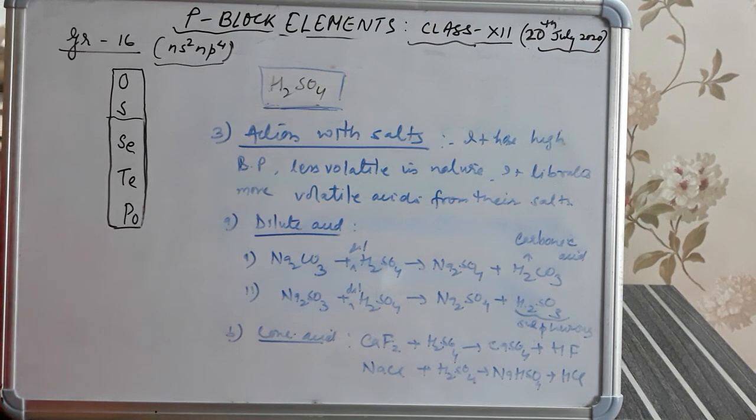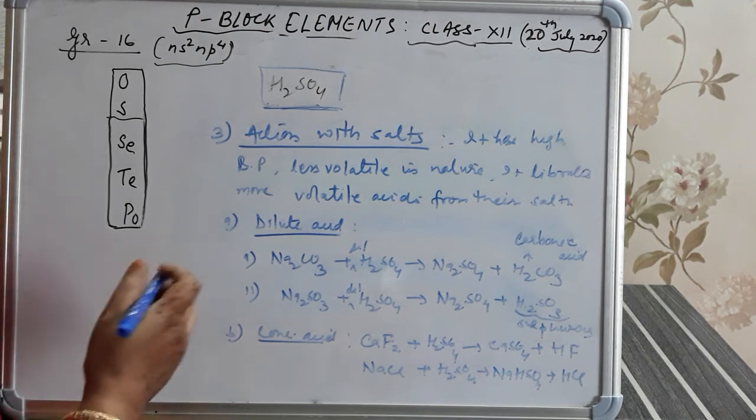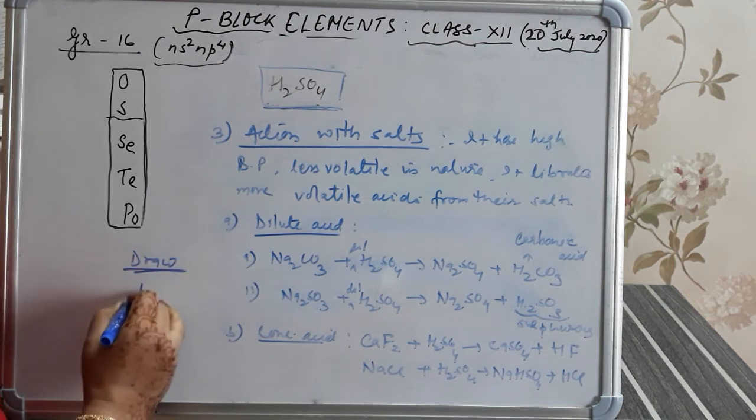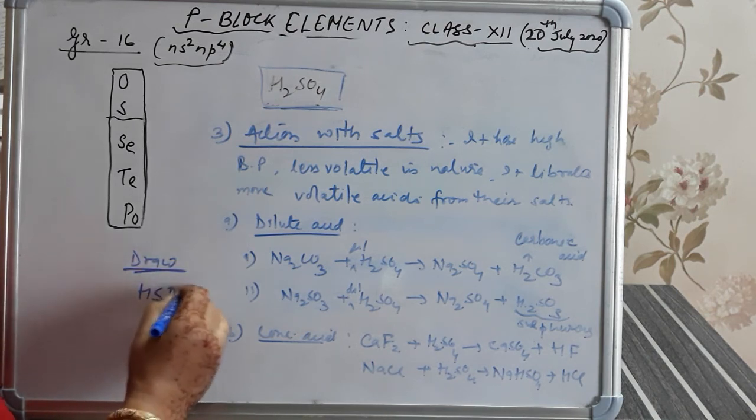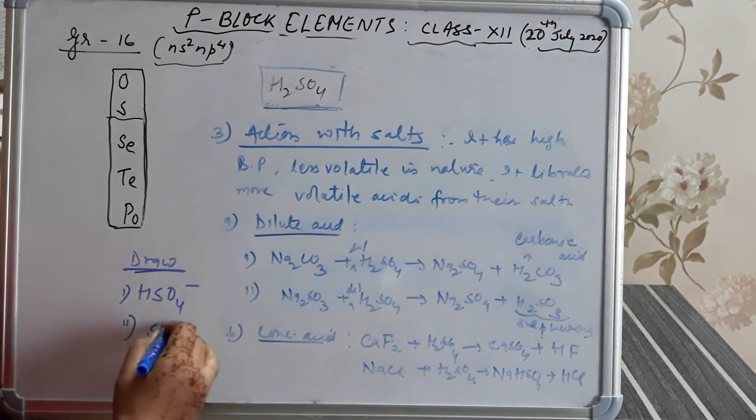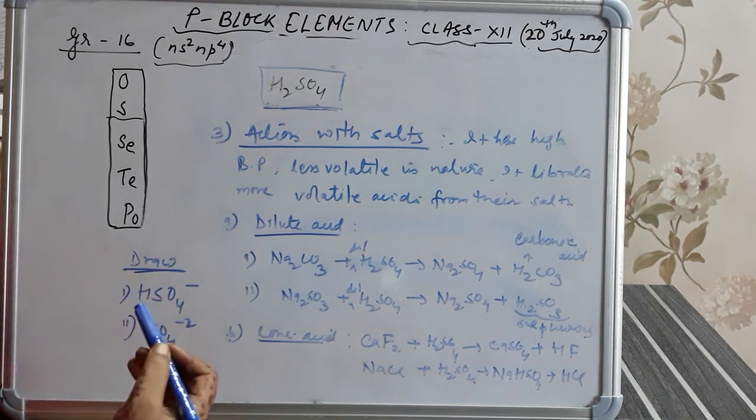Also the uses of sulfuric acid and the structure of sulfuric acid and sulfate ion. Draw the structure of sulfate ion and bisulfate ion in your notebook and show me on WhatsApp.